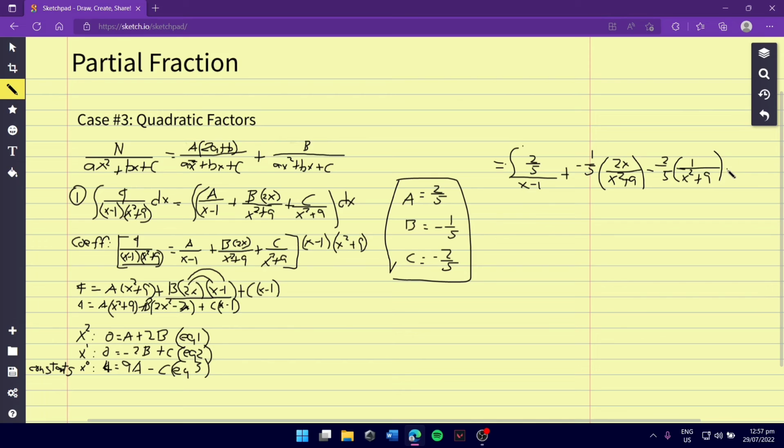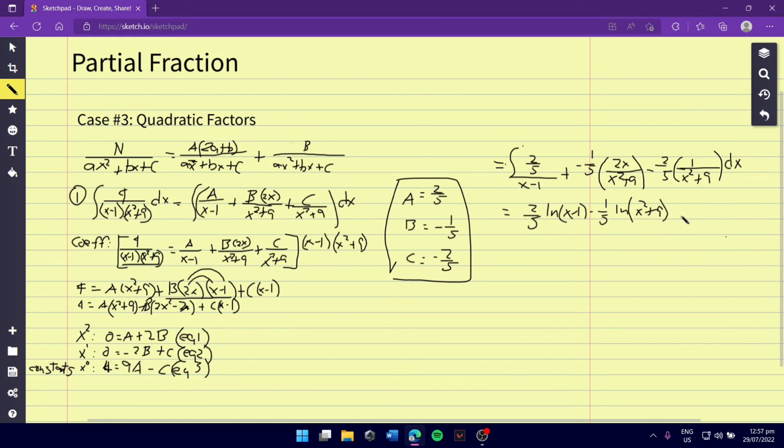And then your dx. So simplifying this, we have 2/5 ln of x minus 1, minus 1/5 ln of x squared plus 9.